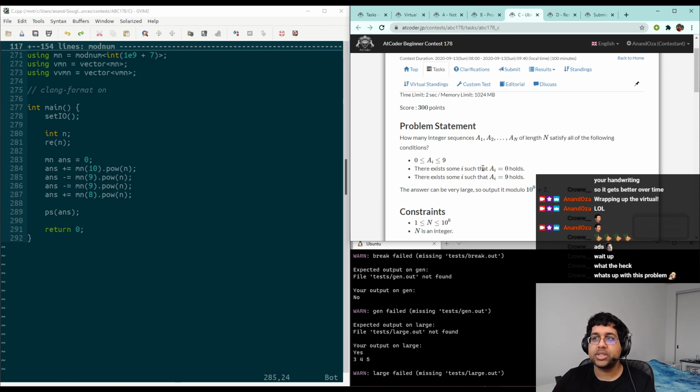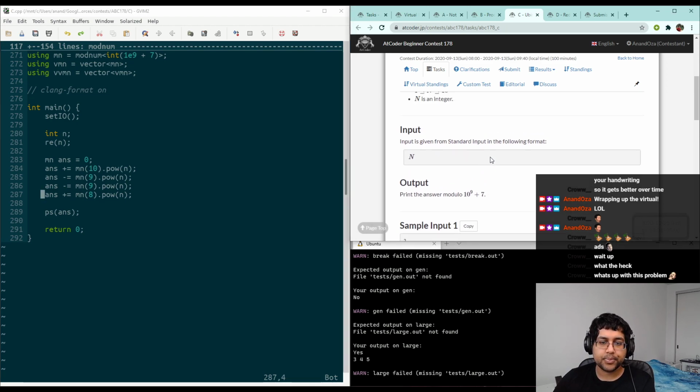So you only have choices from 1 through 9, hence 9 to the n. And then this is subtracting all the things that don't contain a 9 at all. So everything would be 0 through 8. But when we subtracted these, we double counted when you would have a sequence that has neither 0 nor 9. So we want to add those back in to compensate. And that's the principle of inclusion and exclusion.